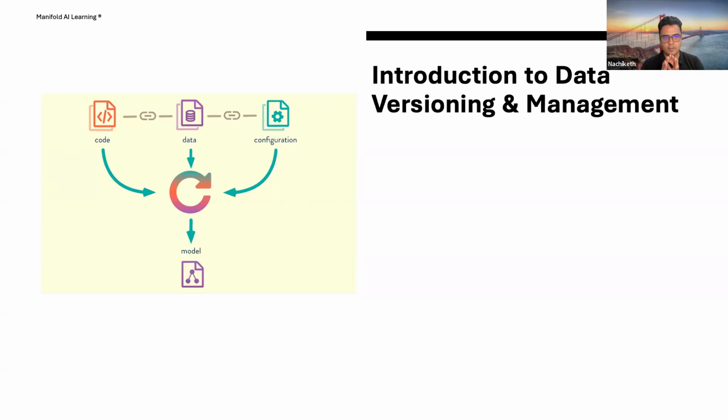By combining all these, we build a trained machine learning model. That's a basic thing you need to know: a machine learning model is made up of code, data, and the configuration.